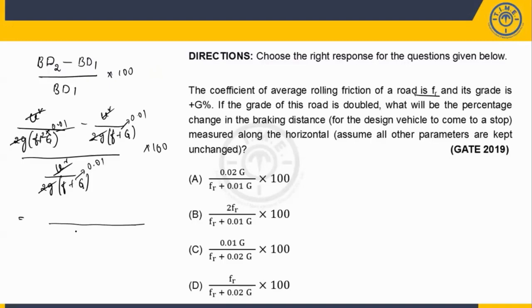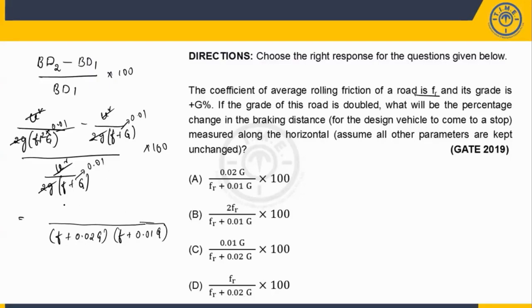So coming to the numerator, this multiplies with F plus 0.02Z on one side, and this we have as F plus 0.01Z. So now I'm multiplying both: 1 by x minus 1 by y is y minus x by xy. Yes or no?